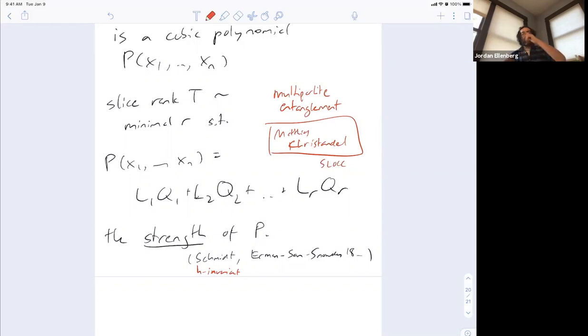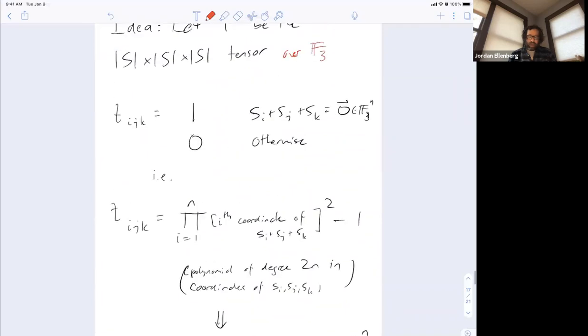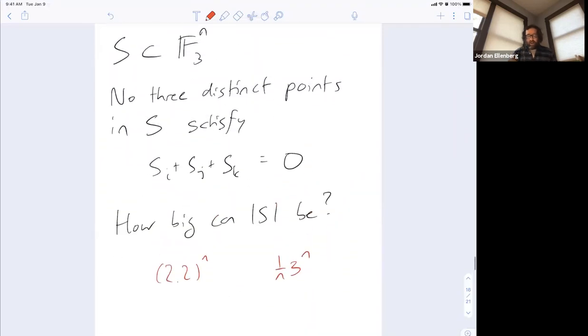I can tell you that there are variants of the cap set problem where instead of having the same set S and looking for solutions, you have S1, S2 and S3, three different sets, and you're matching between them, and you ask that there be no solution little s1 plus little s2 plus little s3 equals 0 apart from the matching.